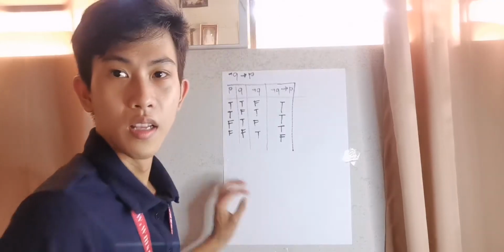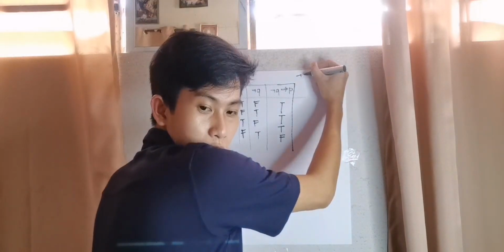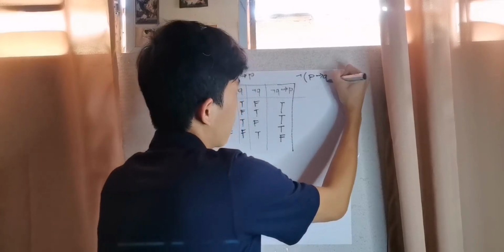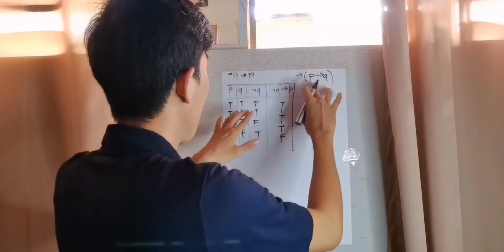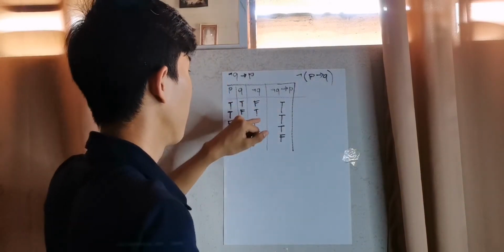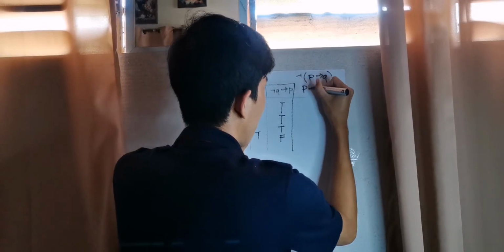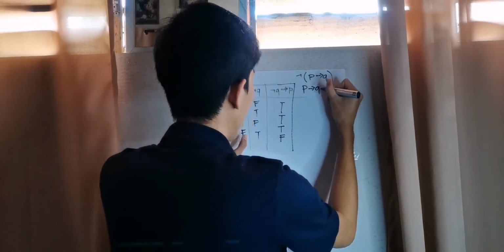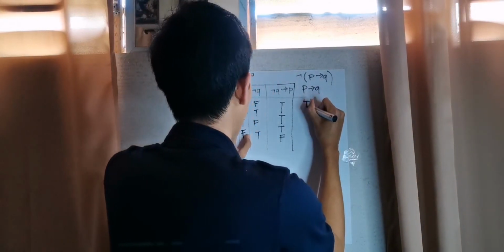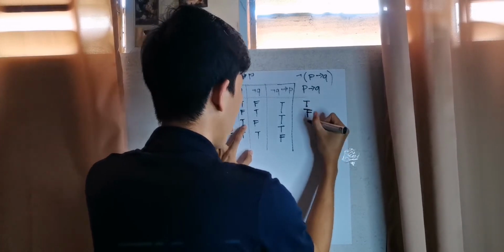Then, on to our second statement, which is negation of P implies Q. Since we have some examples of P and Q here, we now solve for P implies Q. So P implies Q is true. True and false is false. And false and true, the answer is true.